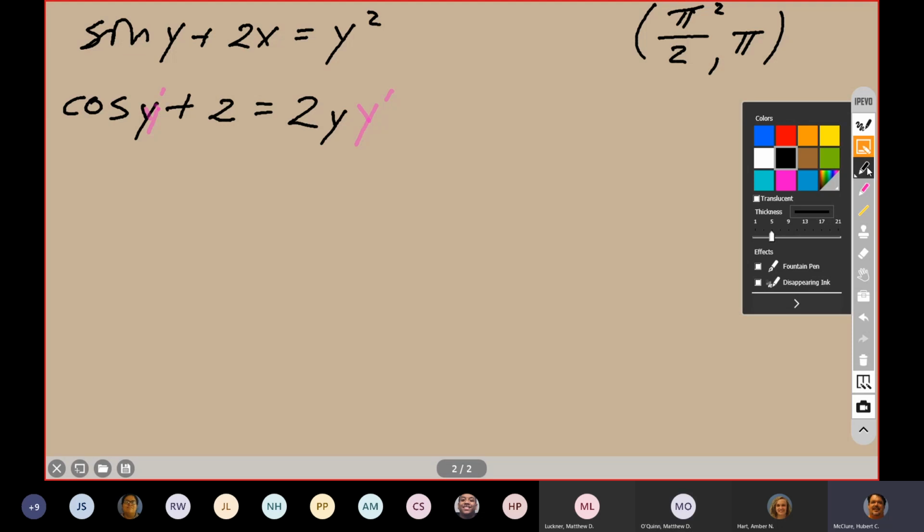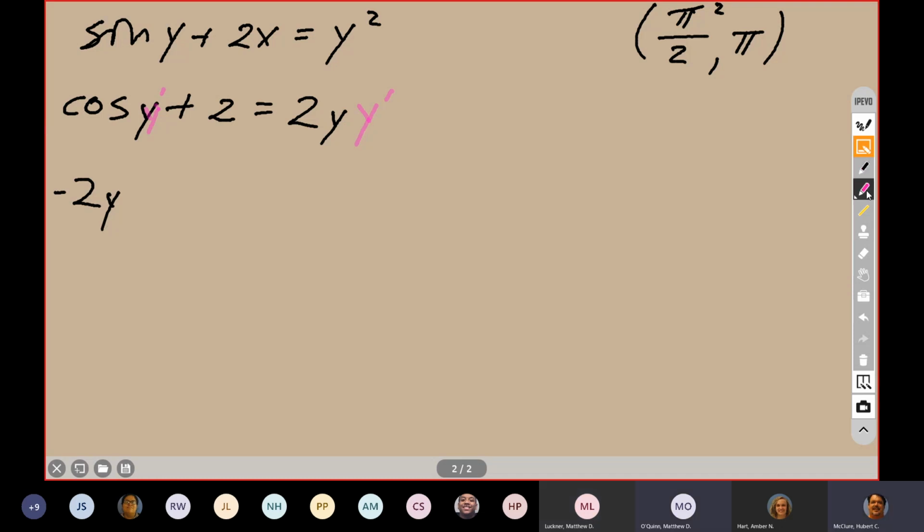I'm going to bring that 2y y prime over. So that's going to be negative 2y y prime plus cosine of y prime is equal to negative 2.